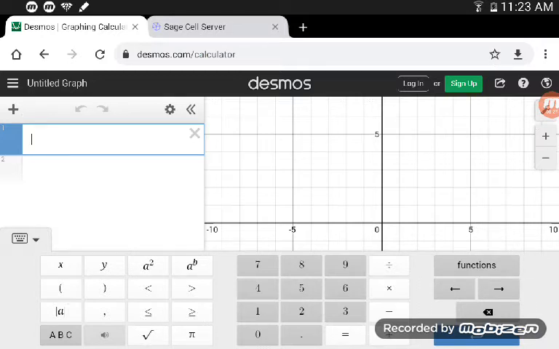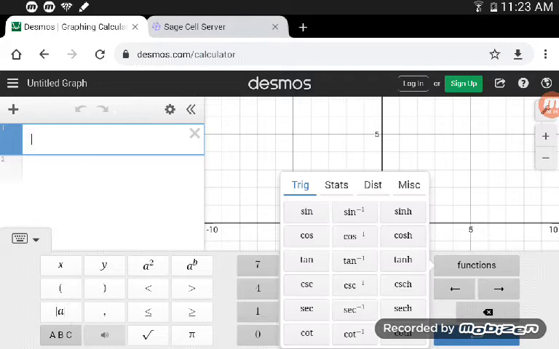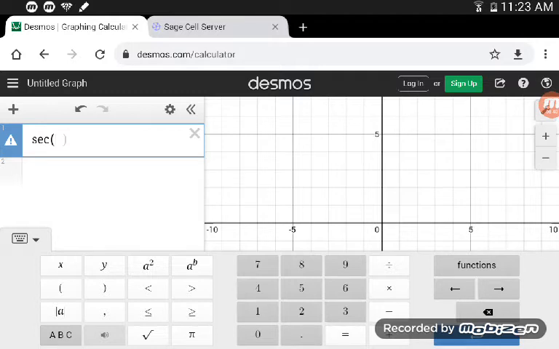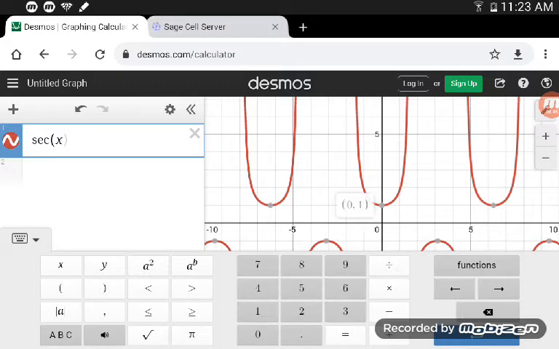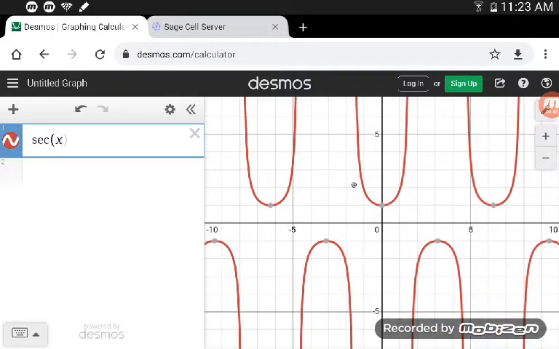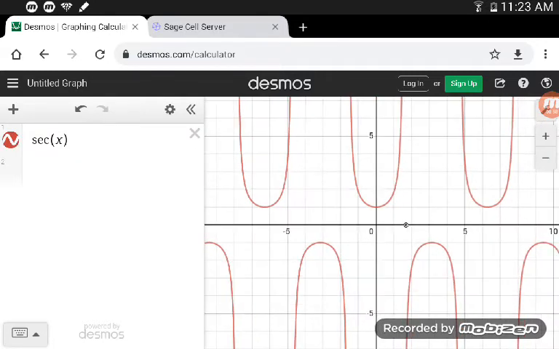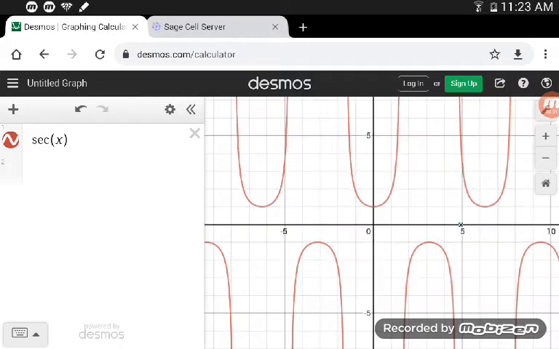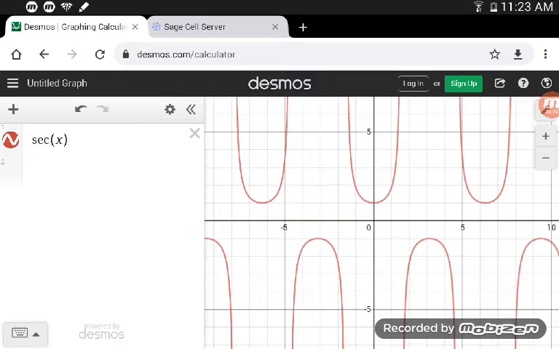Now I could just do each of the pieces separately, so I could do secant, and it says theta, but I would use x, so secant of x. And here, then you can see where it appears to be undefined, all right? And we need to be between 0 and 2 pi, which is a little more than 6 right there. And so I see that it appears to be undefined right in there and somewhere right in here.